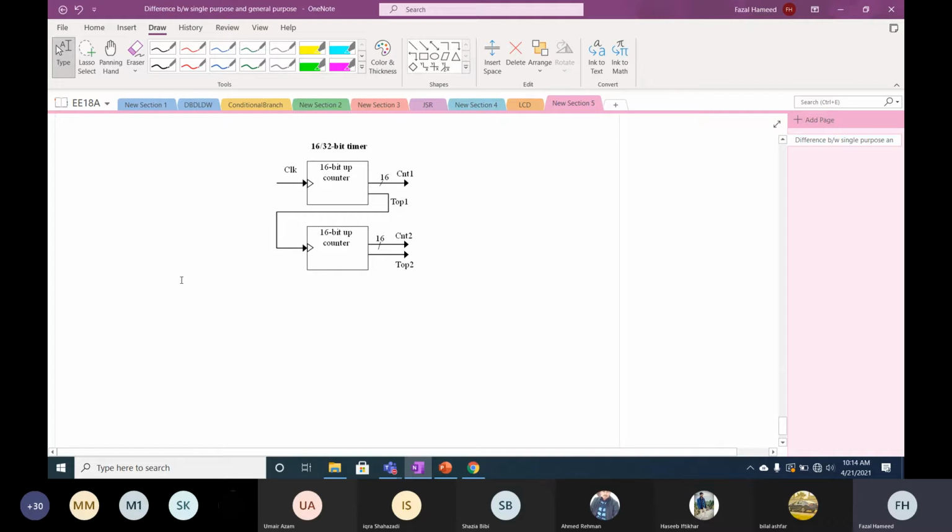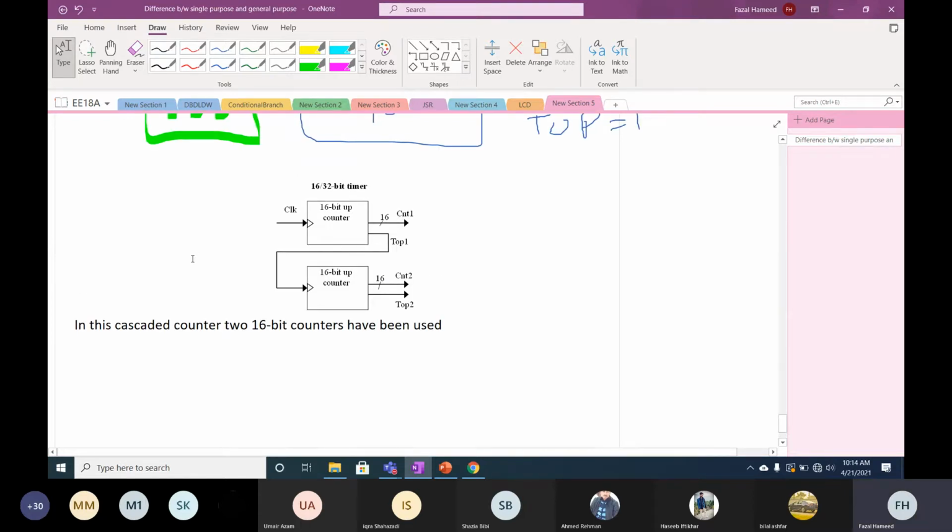Each counter can count up to 65,535, the maximum count. So in this cascaded counter, two 16-bit counters have been used.